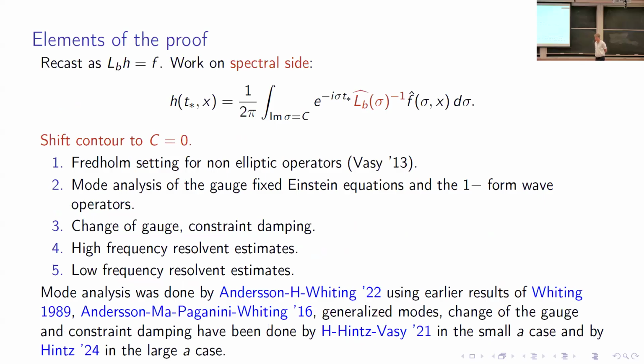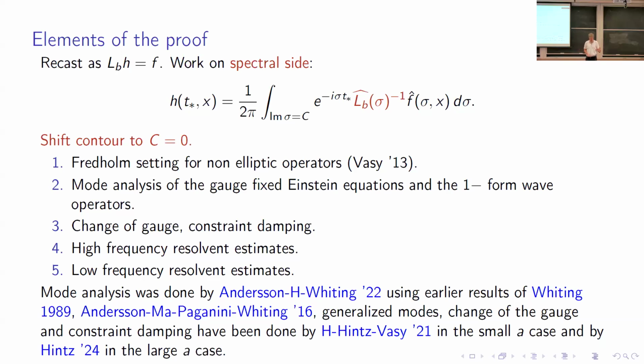So we work on the spectral side. If you have this kind of formula, you see something which is a basic principle in Fourier analysis: decay on the physical side corresponds to regularity on the Fourier side.